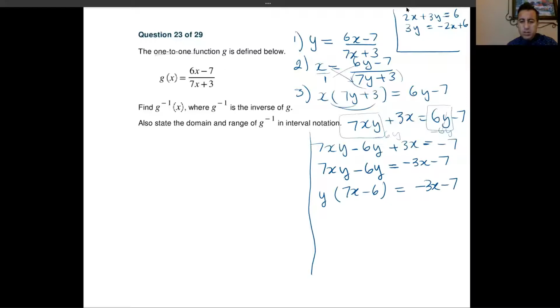Then y is multiplied by whatever quantity. If you have 2y equals something, you divide by 2 on both sides to get y by itself. It's the same thing here. We'll divide by this quantity, 7x minus 6, so it goes away. Then when you have y by itself, that's the final step.